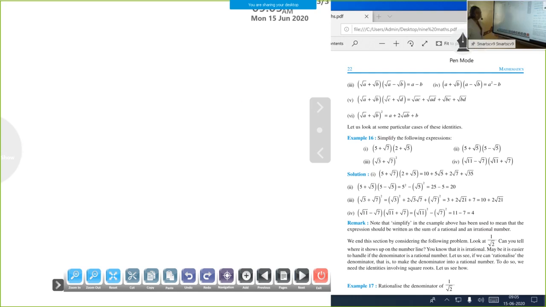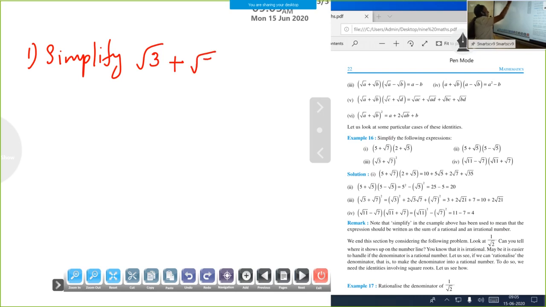And our first question, simplify root 3 plus root 7 the whole square. Root 3 plus root 7 the whole square. How to simplify root 3 plus root 7 the whole square?